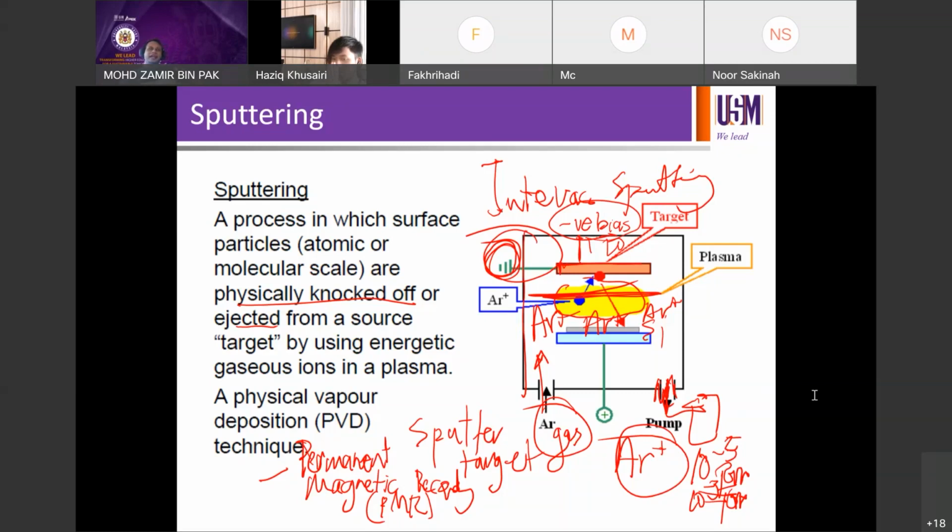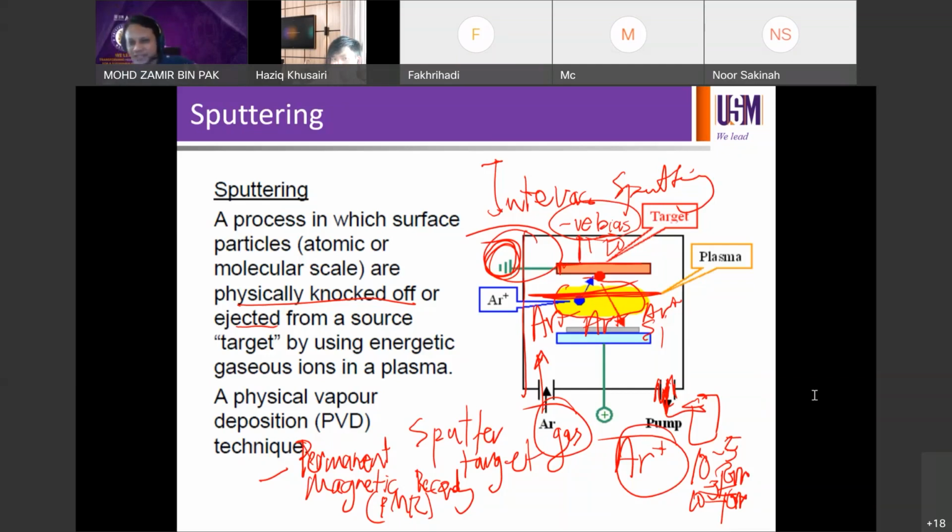Sekejap. Okay, let's get to the basic. Do we want the ions to go to the target? Nak kan? So that you can have sputtering, right? Kalau ion tak pergi kat target, will there be any sputtering? Okay, hold on.